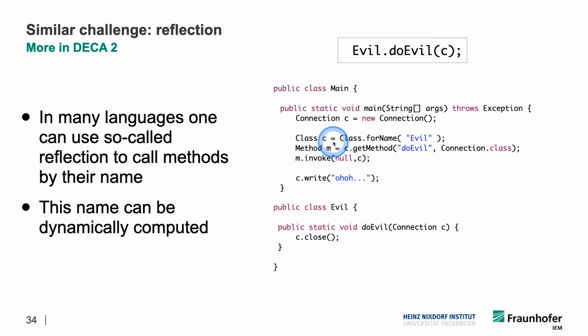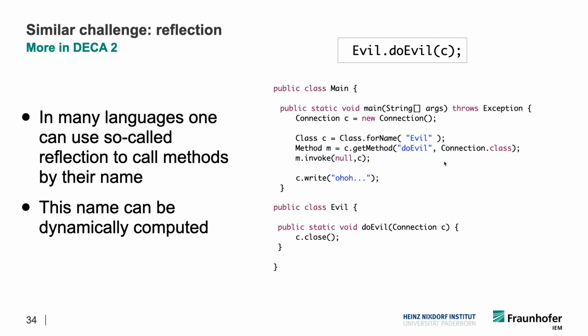The problem is now if a program analysis looks at these methods, it sees a call to forName, it sees a call to getMethod, it sees a call to invoke, it sees no call to doEvil. So it needs some special handling to interpret what's going on here. How does this reflection API actually work?